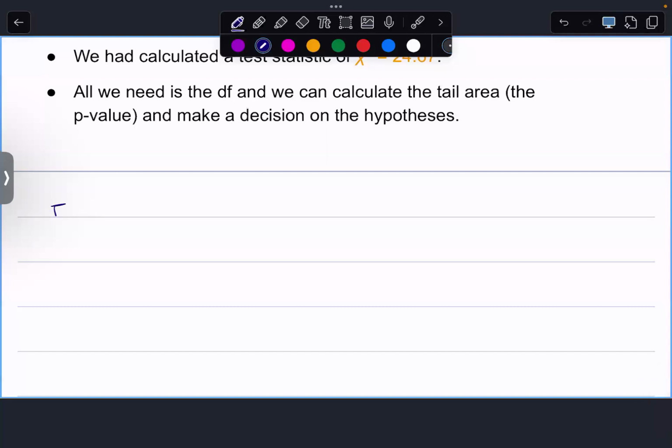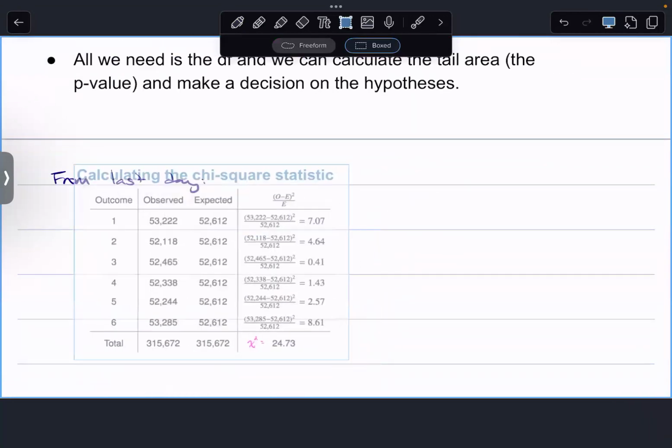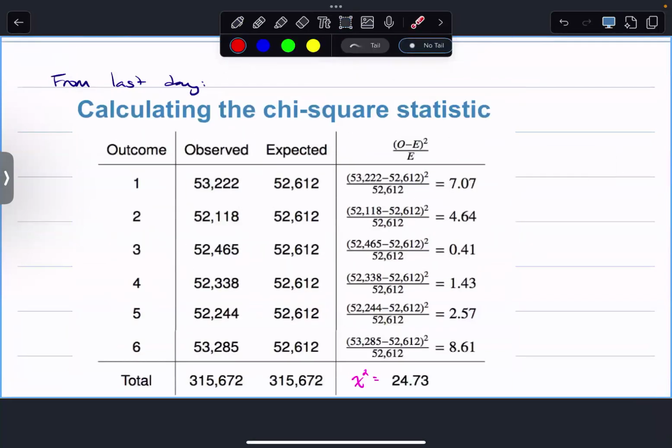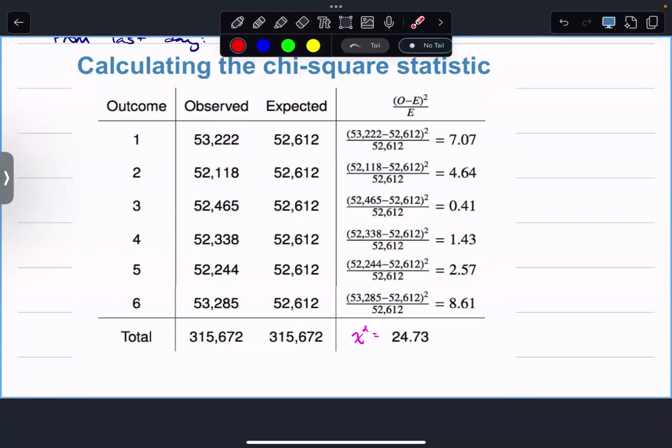So this is last day. From last day, we had the outcome. So each die face, right? We rolled it a total of 315,672 times. And we observed each of these for each of the faces. Relatively even, just kind of eyeballing it.